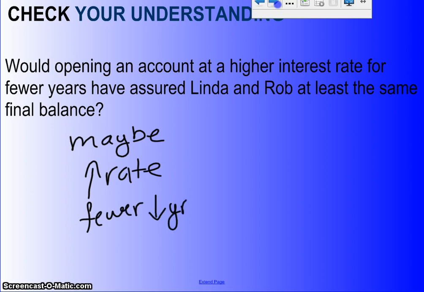Was it 1 less year at an interest rate of 2 points higher, or were we talking 10 years earlier at only 0.5%? So it's all going to be in perspective based on what the interest rate is and how long of a time. But the answer here is maybe.